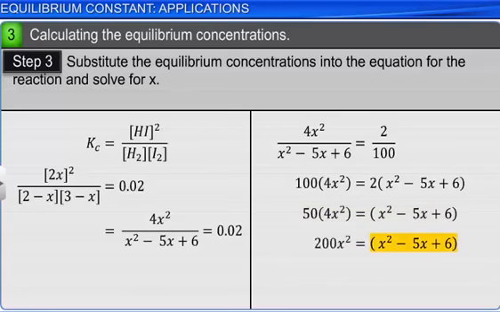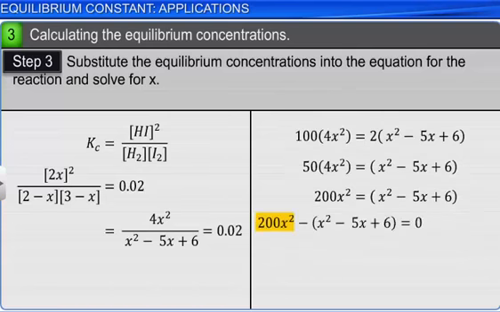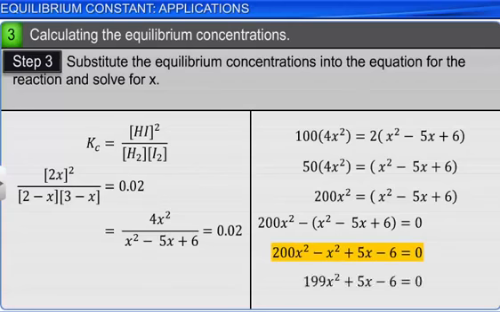This equation can be written as 200x² minus x² minus 5x plus 6 is equal to 0. This becomes equal to 200x² minus x² plus 5x minus 6 is equal to 0. This is equal to 199x² plus 5x minus 6 is equal to 0.